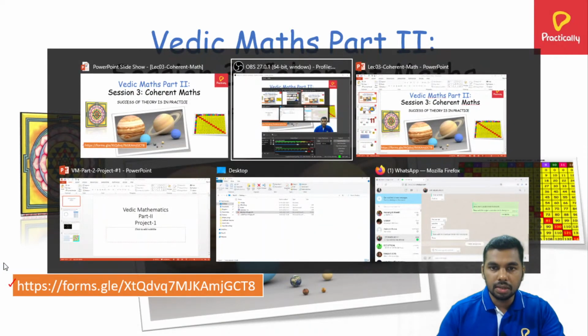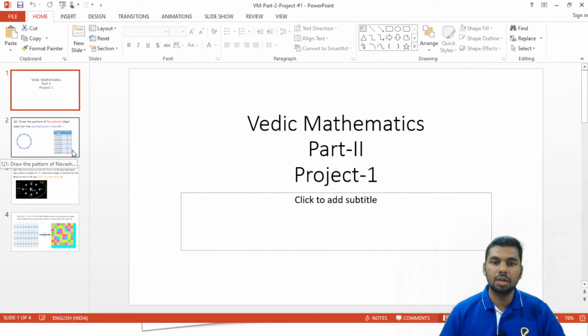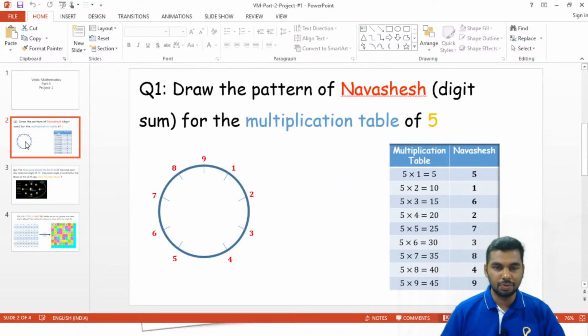In the meantime, as I look into the chat box, let me show you the problems in the assignment. The weekly project 1 had 3 questions. 2 of them are compulsory and 1 is optional. The first question: you have to draw the pattern of the Navashesh from the multiplication table of 5. All information is given here; you just have to draw the pattern formed by the Navashesh.